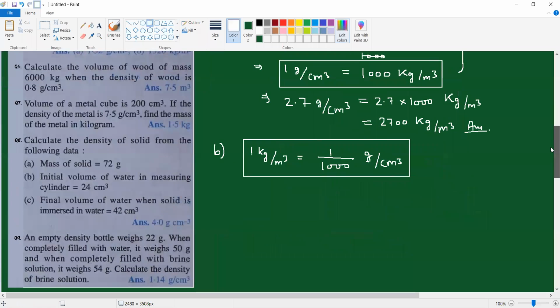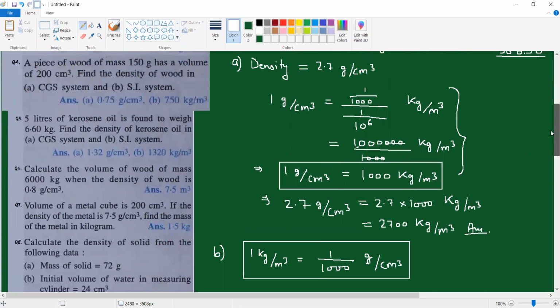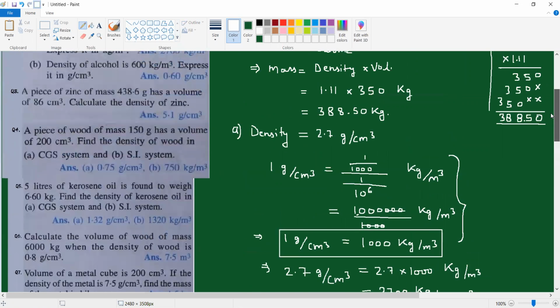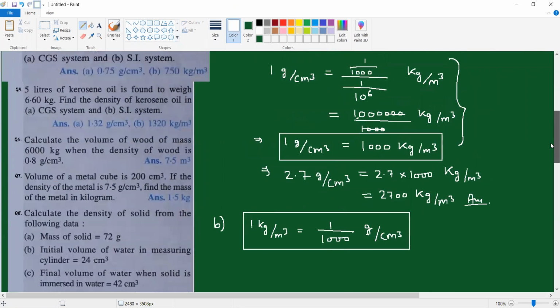This is the formula you have to apply for solving the second part. It says the density of alcohol was how much? Alcohol, 600 kg per meter cube.